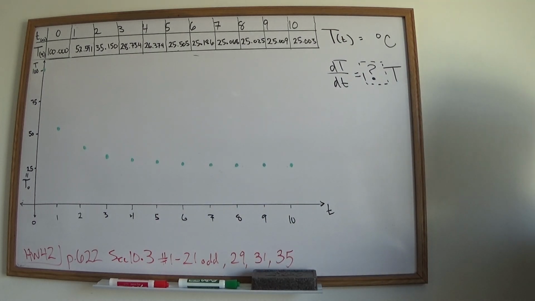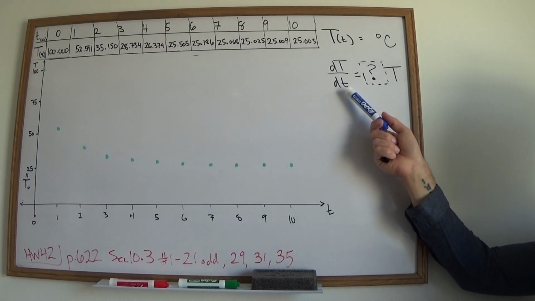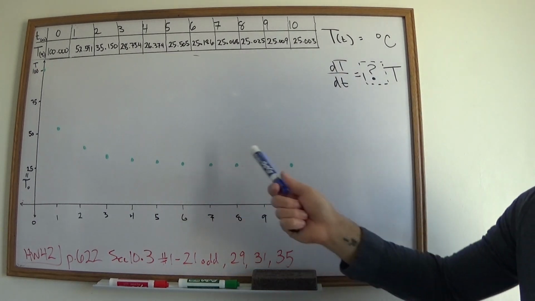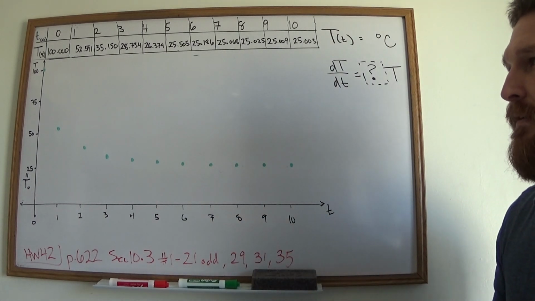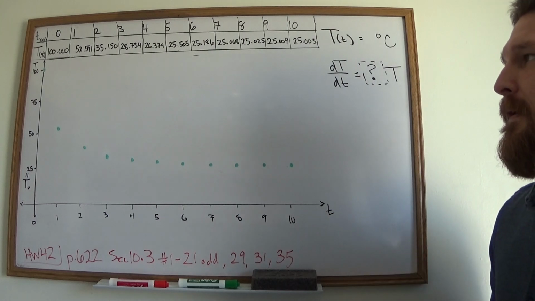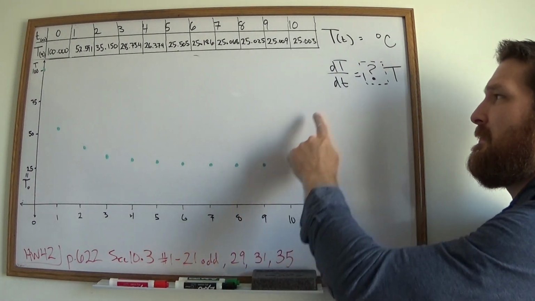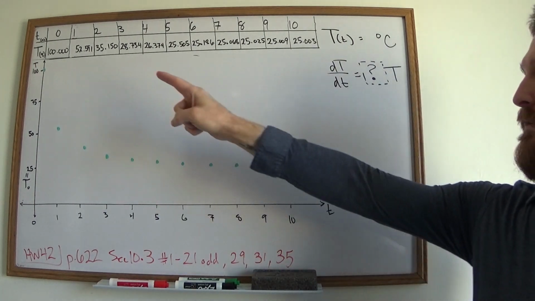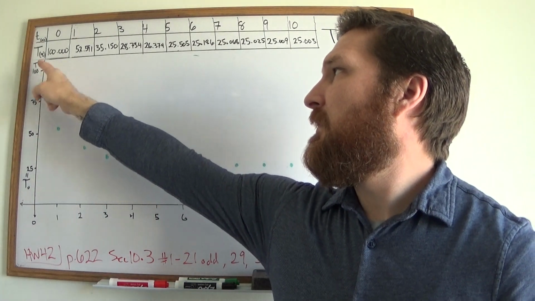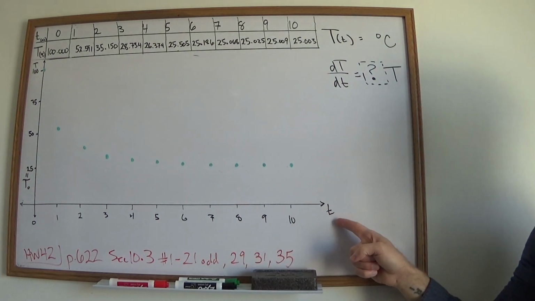But in order to do that, I don't have any dT's. Right now these are all just points here. I don't have a function that I could take a derivative of, but I could approximate it, because dT is the change in T divided by the change in little t.